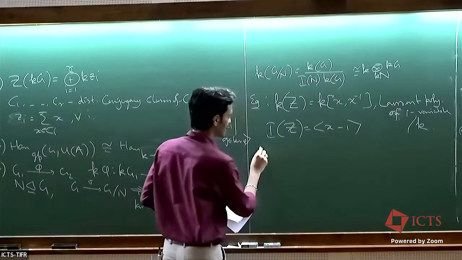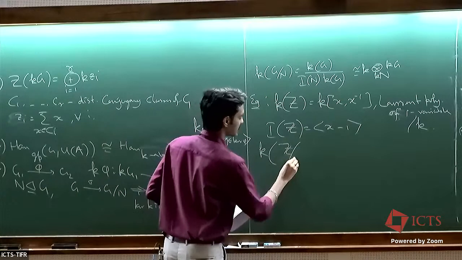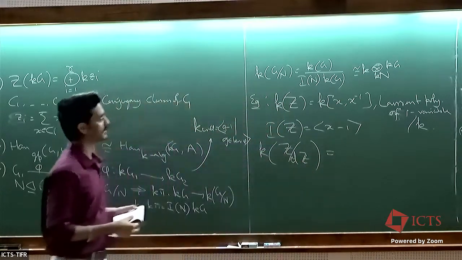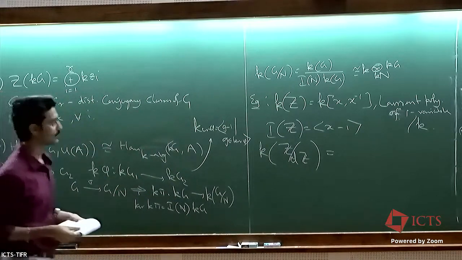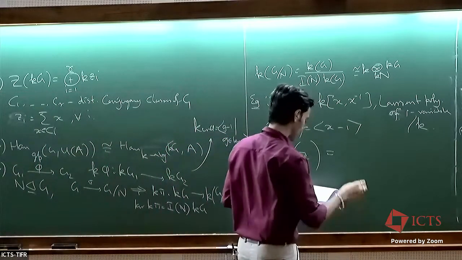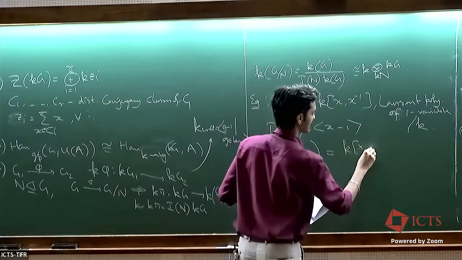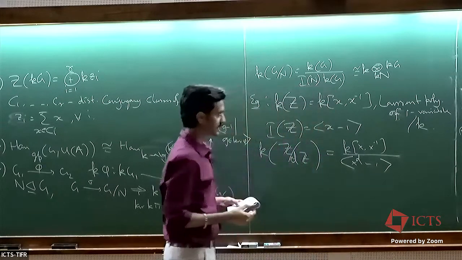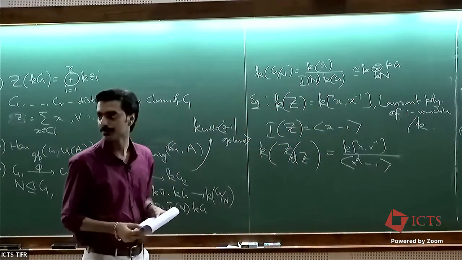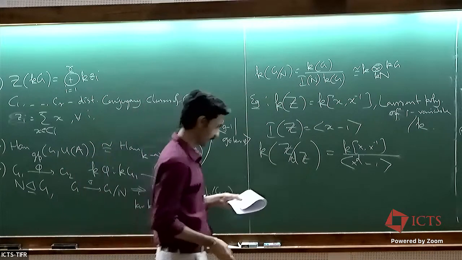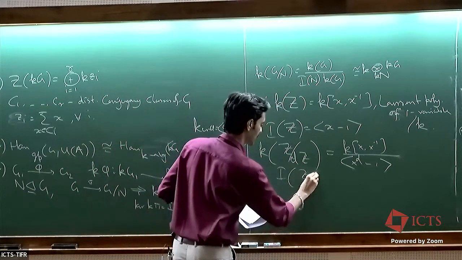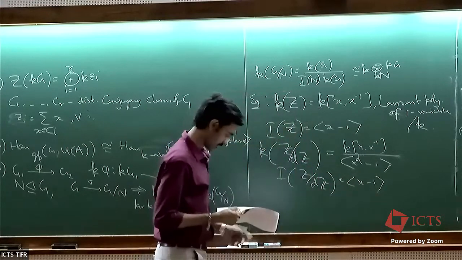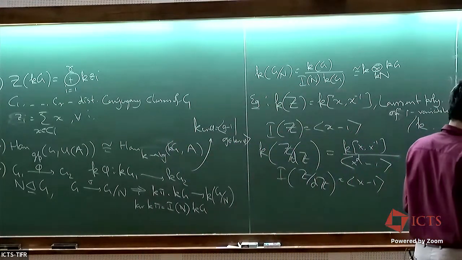Okay. Similarly, if you consider the group algebra of Z mod dZ, a finite cyclic group, in that case, via this description, one gets this as the group algebra. Any question? Okay. And in this case, the augmentation ideal is given by again x minus 1.